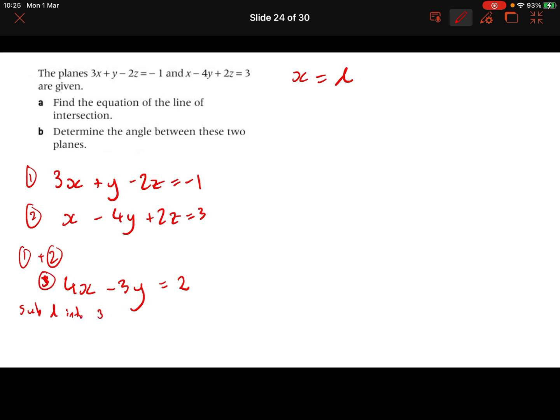So sub lambda into 3. That means I'm going to get 4 lambda, because x is equal to lambda, minus 3y equals 2. So negative 3y is equal to 2 minus 4 lambda. So y is equal to (4 lambda minus 2) over 3. Basically I'm dividing both sides of that equation by negative 3.